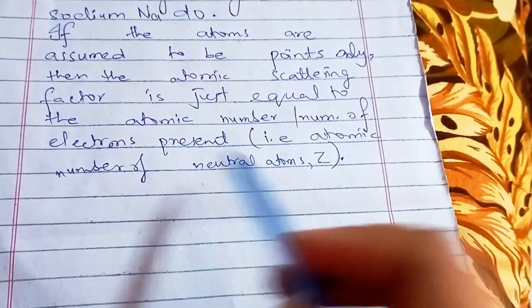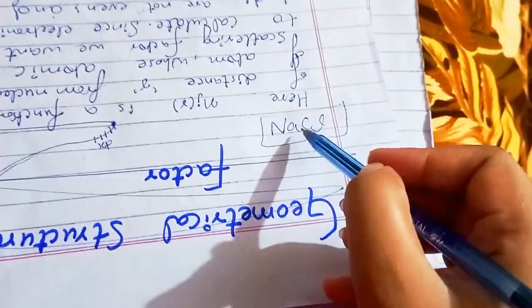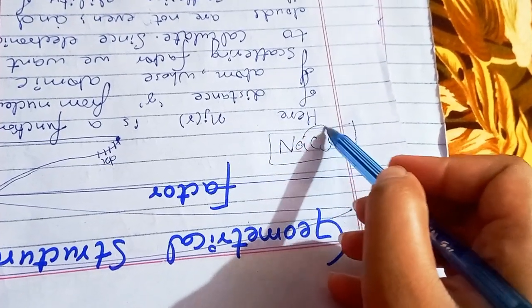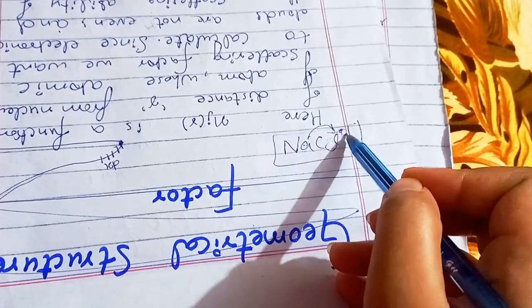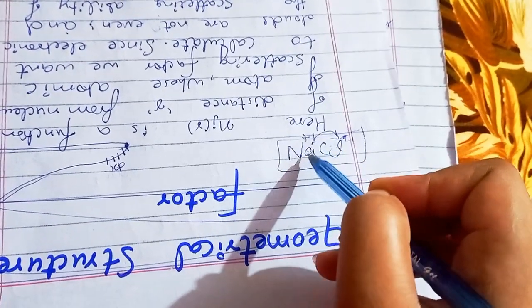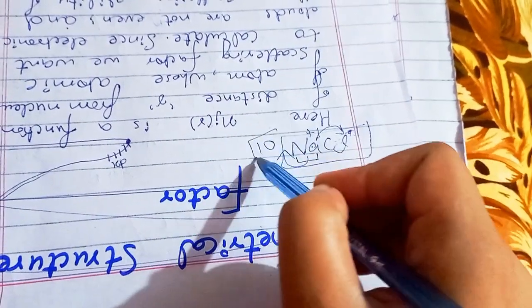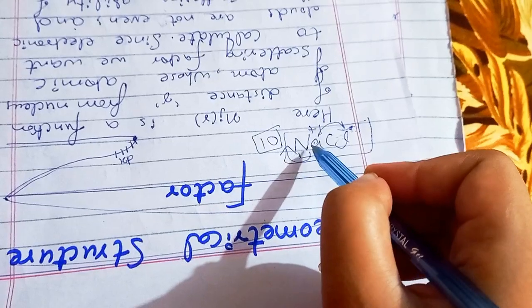And they are saying neutral atoms because, for example, if you are considering an NaCl crystal, it is an ionic compound and sodium gives one of its electrons to the chlorine atom, so chlorine gets one extra electron and sodium loses one electron. It doesn't mean that you will consider 10 for the sodium scattering factor calculation, not 11.